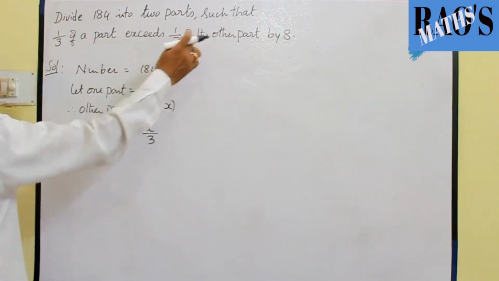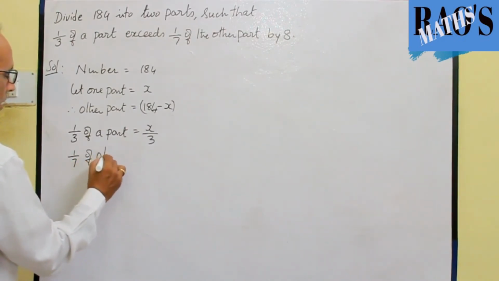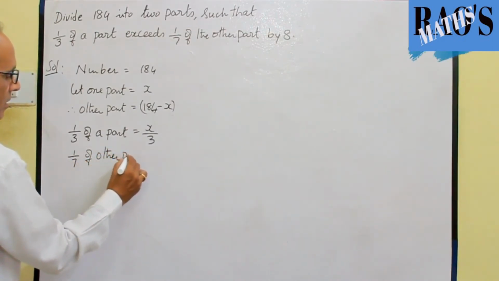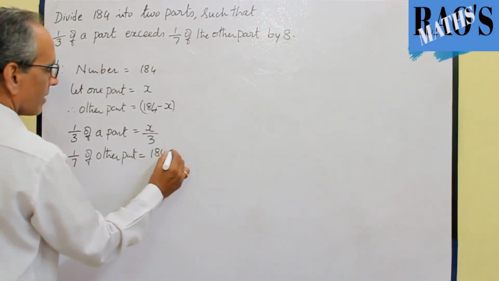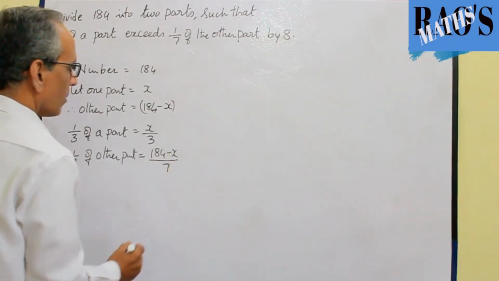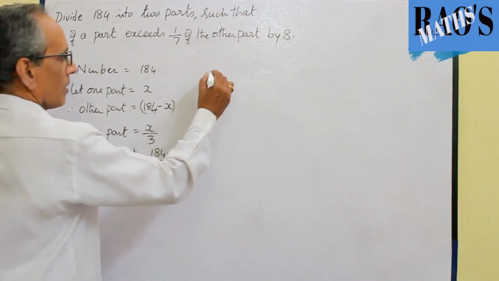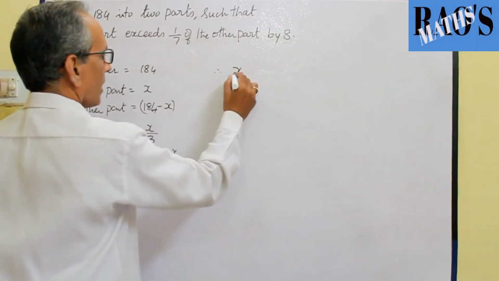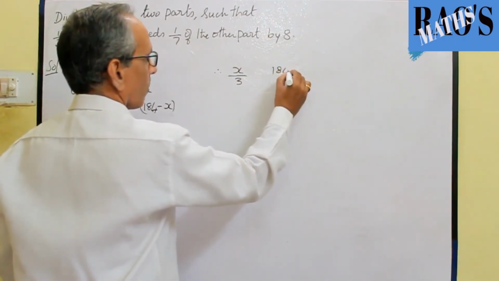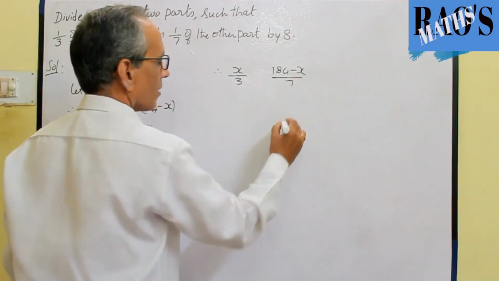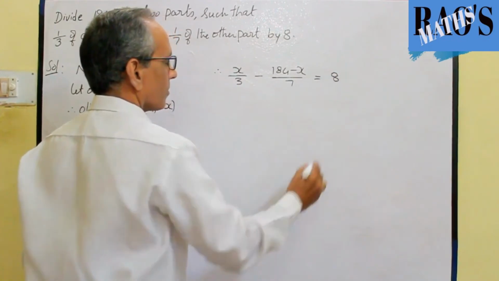The same way, 1/7 of the other part is equal to, what is the other part? 184 minus x by 7. By the question, the difference of these two is equal to 8. Therefore, x by 3, one third of the one part, and 184 minus x by 7, the 1/7 of the other part, their difference is 8.